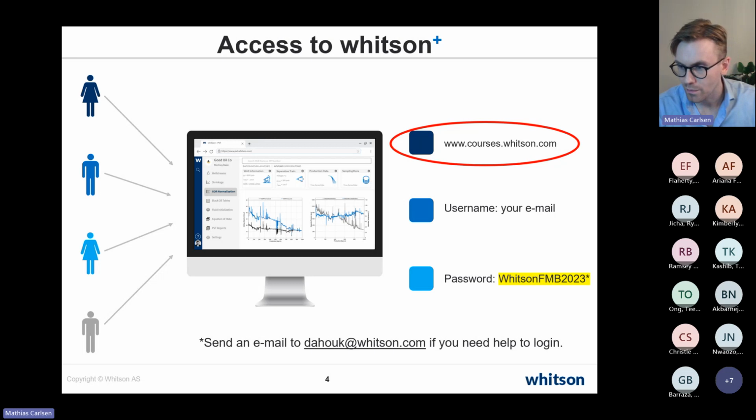The username is your email, as we mentioned in the email we sent out yesterday. The password is Whitson FMB 2023 star. Again, if that doesn't work for whatever reason, send an email to support and we'll help you ASAP.